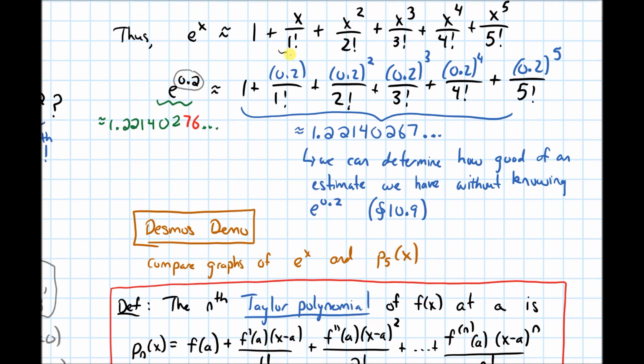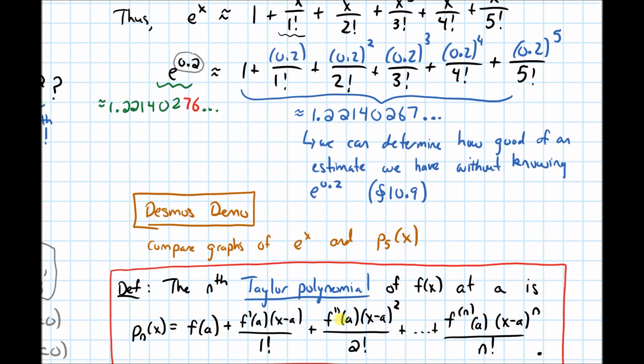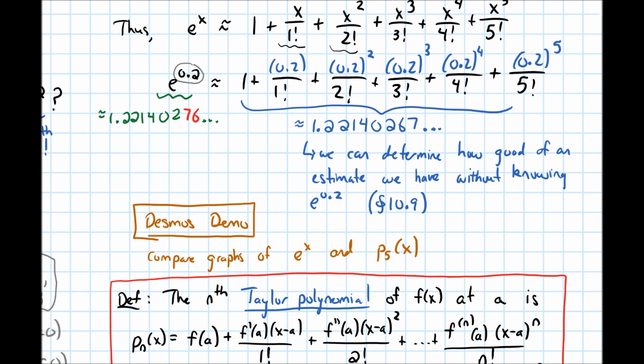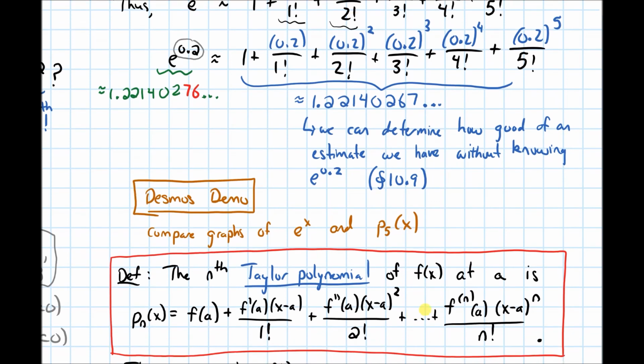That's kind of like this term. And then you have the second derivative evaluated at a times x minus a squared over 2 factorial. That's like this term right here. It's the analog of that. And I keep going up until I get to the nth degree term. I just take the nth derivative of f, I plug in a, multiply that by x minus a to the n over n factorial.